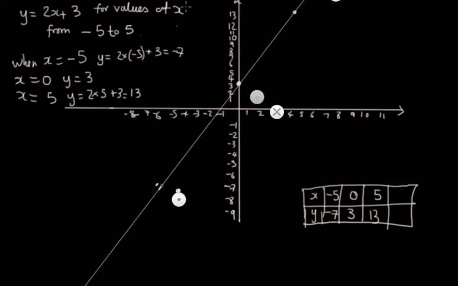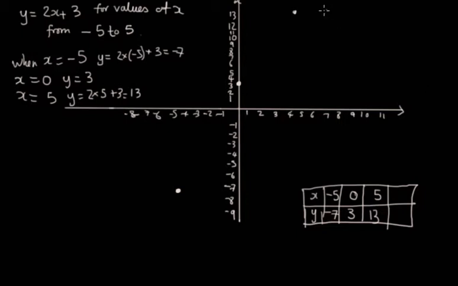I can't get my ruler to draw nicely, so I'm going to get rid of the ruler and we're just going to do it freehand. But you're always better with a ruler, because that's meant to be a straight line. It's not a straight line, and I've missed that one out.